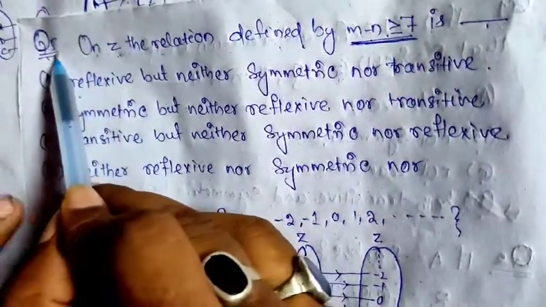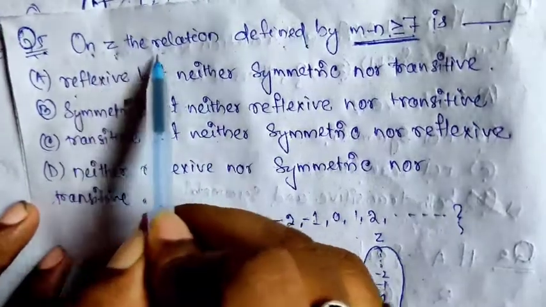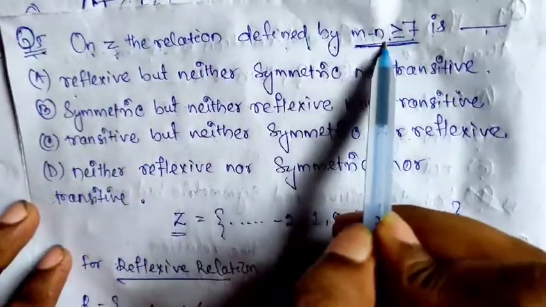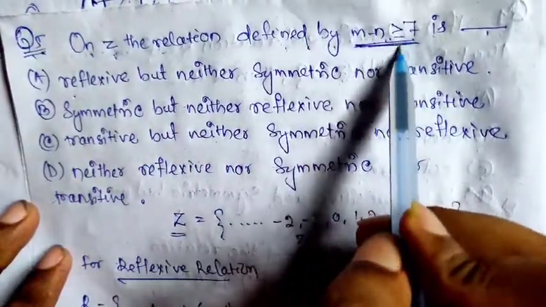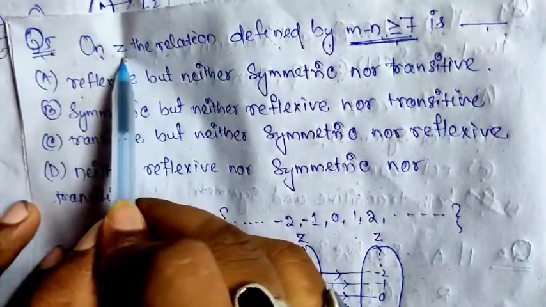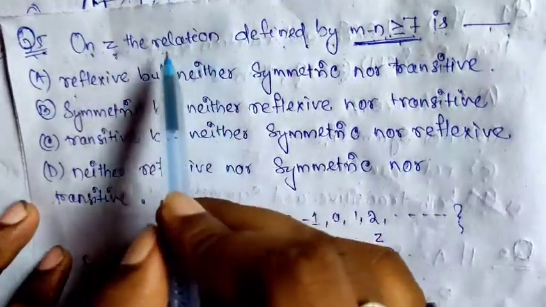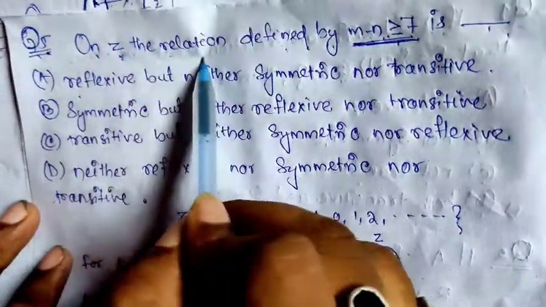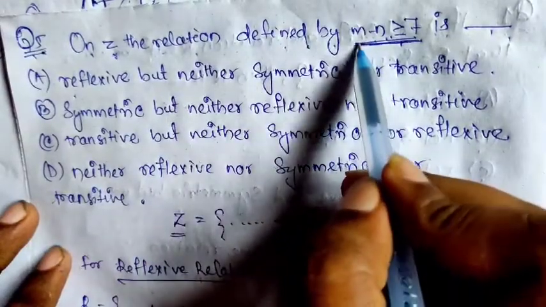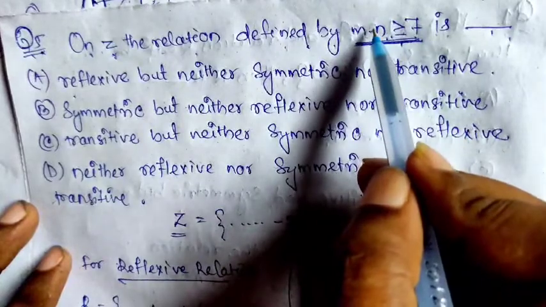Now consider question number 5. We say that on set Z the relation is defined by m minus n greater than or equal to 7, is dash. Here set Z means the set of integers, which has a relation whose each ordered pair satisfies this condition.